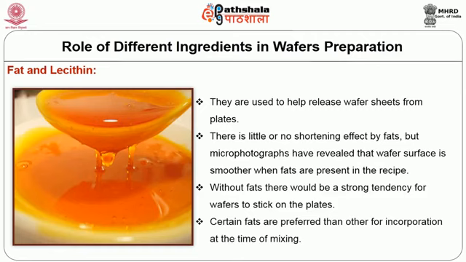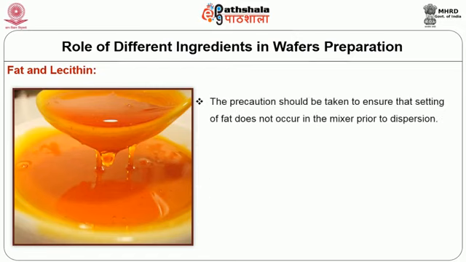Certain fats are preferable to others for incorporation at the time of mixing. For convenience, liquid vegetable oils are favored, like groundnut oil, cottonseed oil, and sunflower oil. Precautions should be taken to ensure that setting of fat does not occur in the mixture prior to dispersion.